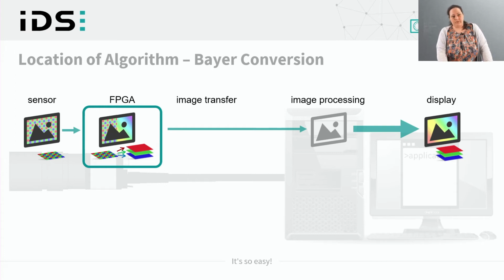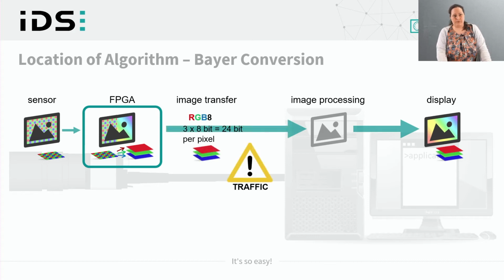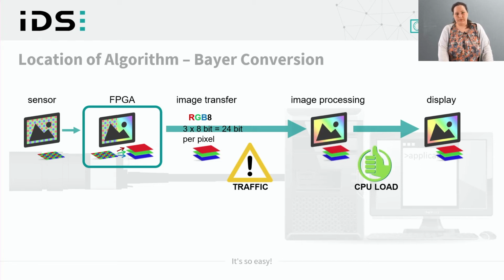That means we calculate from, let's say, a one-plane raw image, a three-plane RGB image, which has 3 times the data than before. And this data we have to transfer, so it's 3 times 8-bit in this case, which means we have quite a lot of traffic. But for image processing, the CPU does not have to do much.